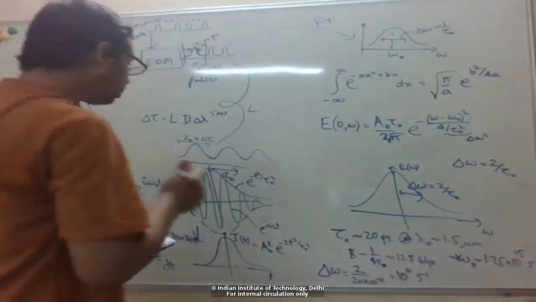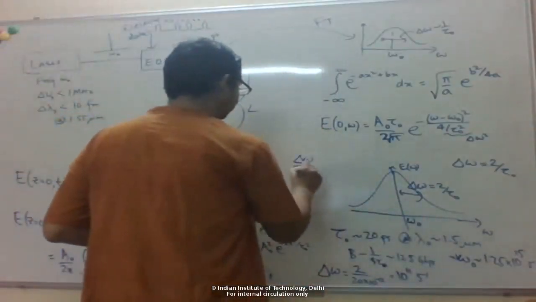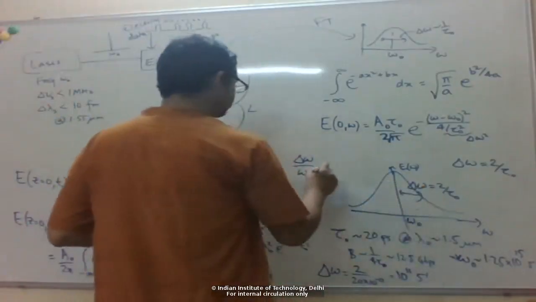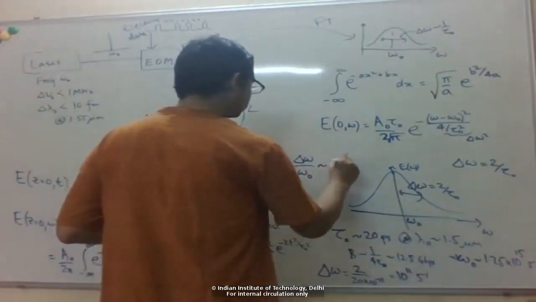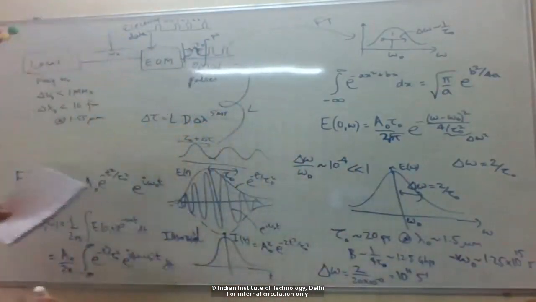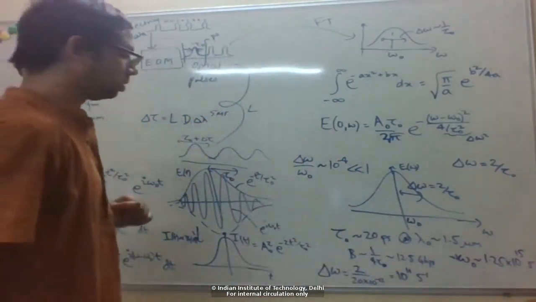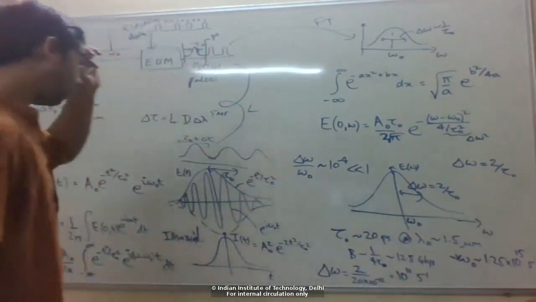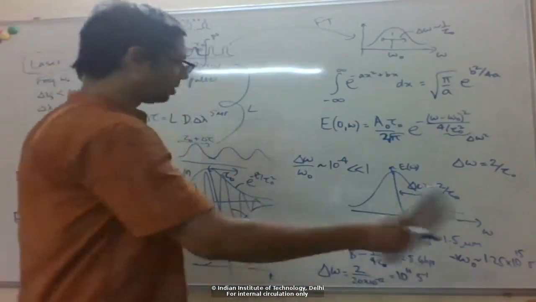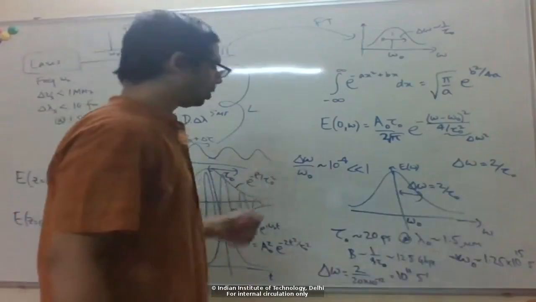Okay, so basically what we are saying is that the fractional bandwidth, which is the actual bandwidth divided by the center frequency, is about 10 to the minus 4. So this is much less than 1 for most practical applications that we use optical pulses for. Only in certain extreme conditions does the bandwidth extend much wider so that it becomes comparable to omega naught.